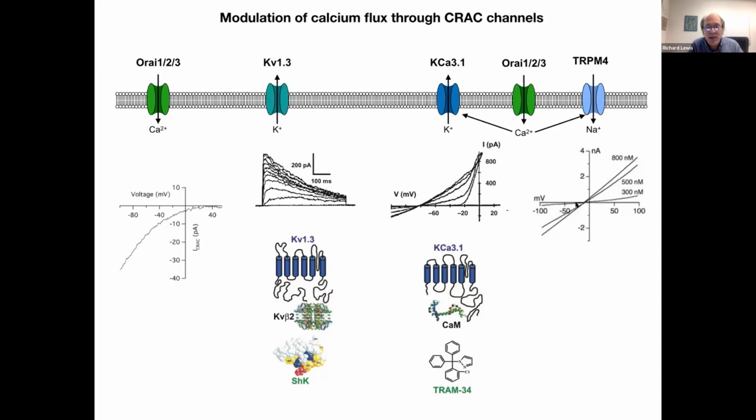Now, the roles of the K channels in calcium signaling and T cell function have been nicely dissected through the use of highly specific blockers, such as the sea anemone toxin ShK for the KV1.3 and TRAM-34, a blocker of the KCa3.1 channel.